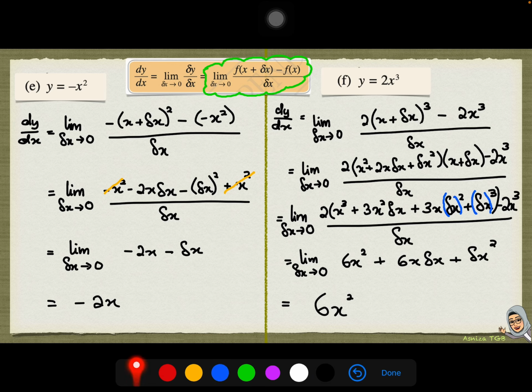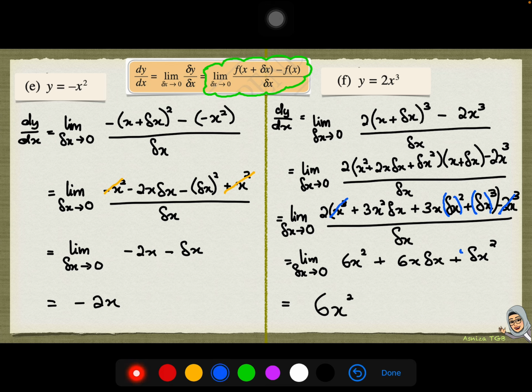When we simplify, the first term 2x cubed cancels with the last term minus 2x cubed. Next we expand the bracket with 2. 2 times 3x squared delta x divided by delta x gives 6x squared. 2 times 3x delta x squared divided by delta x gives 6x delta x. And finally, 2 delta x cubed divided by delta x.